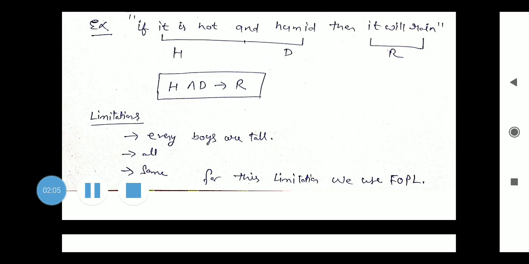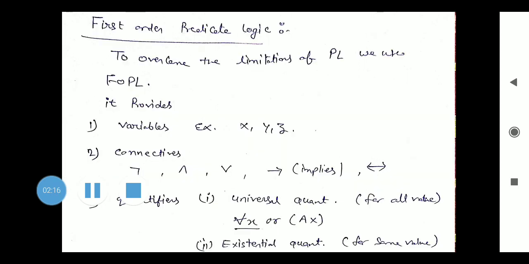So there are some limitations with propositional logic. Every boy is tall, all, some. For this limitation, we use first order predicate logic. To overcome the limitations of propositional logic, we use first order predicate logic.